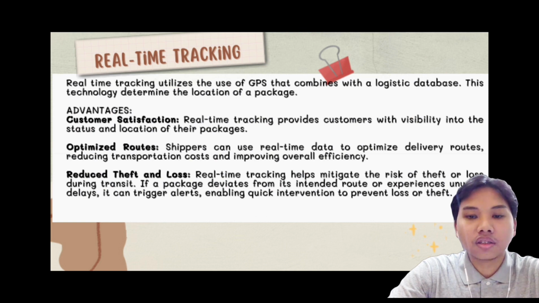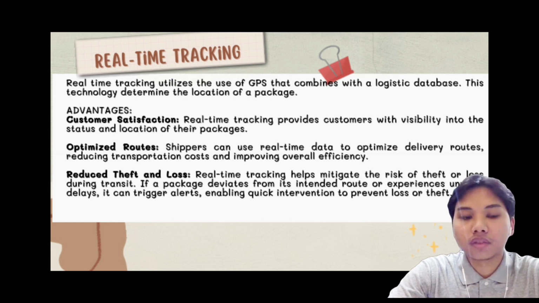And the second advantage is that RTT optimizes routes. So the shipper can use real-time data to optimize delivery routes, and at the same time it will reduce transportation costs and also improve overall efficiency. And the other advantage is to reduce theft and loss.